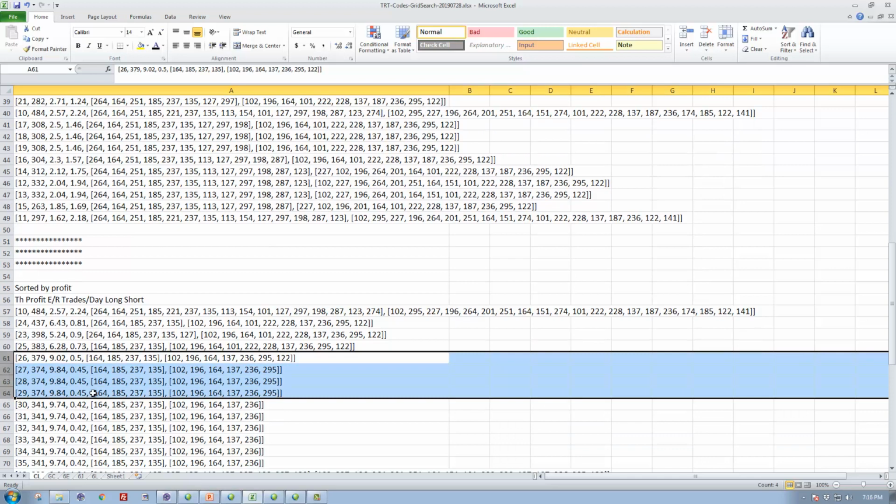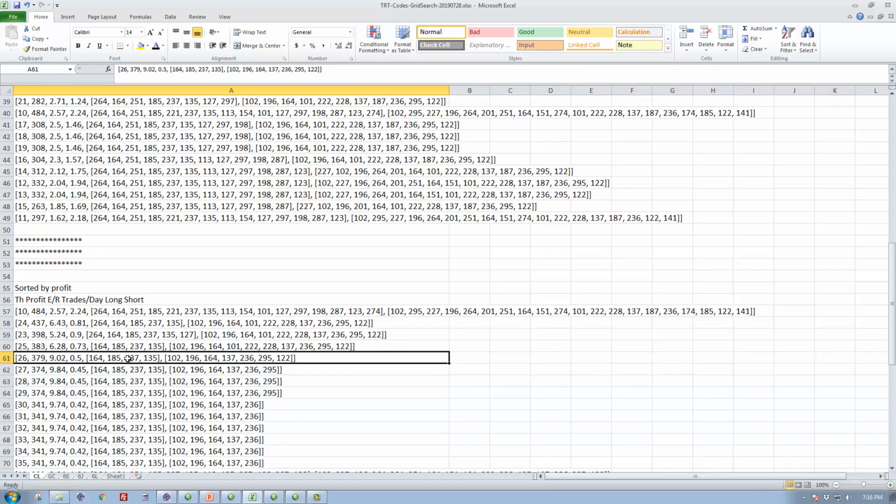So you can see this is the first bracket here, this group. This is the long codes and this is the short codes. The difference between these two is that when you required 27 as your minimum quality level, this 122 code dropped.